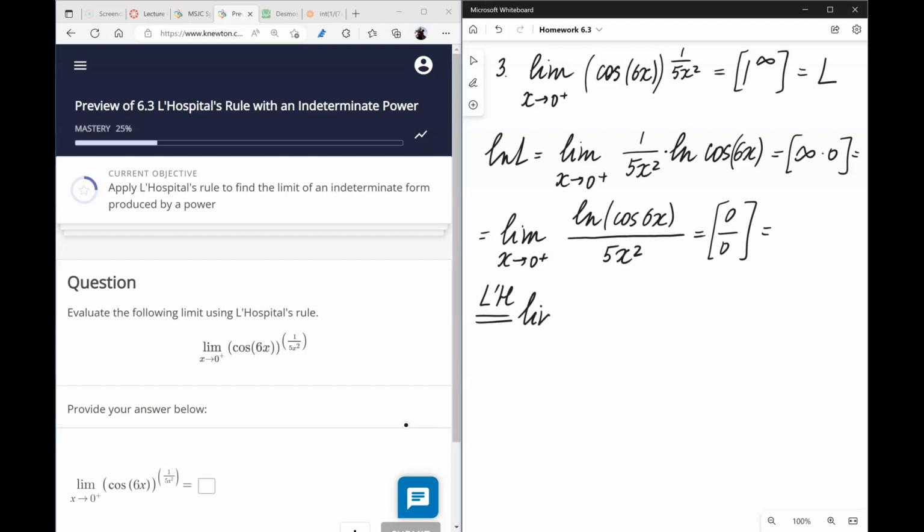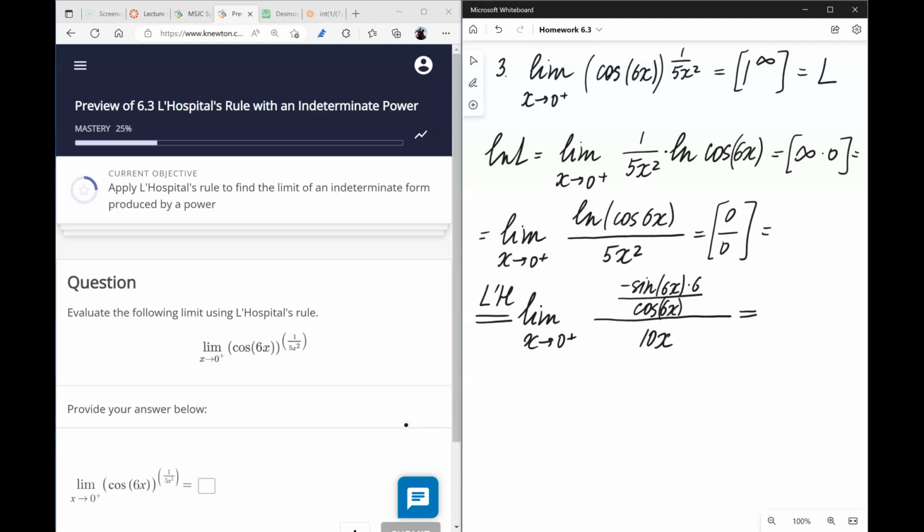So according to L'Hopital's rule, we differentiate. In the denominator we have 10x. In the numerator we have the reciprocal of cosine of 6x times the derivative of cosine, which is negative sine 6x times 6.